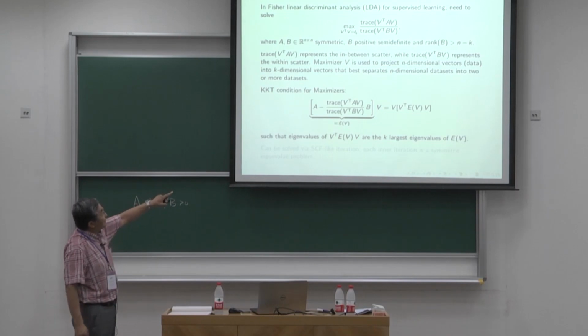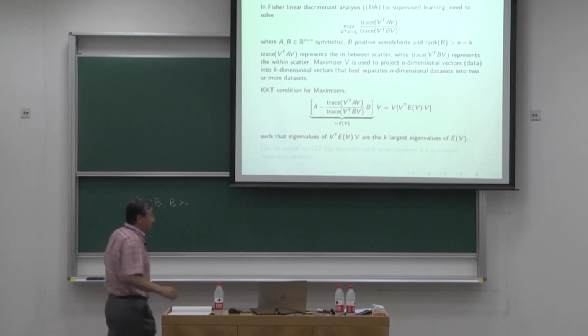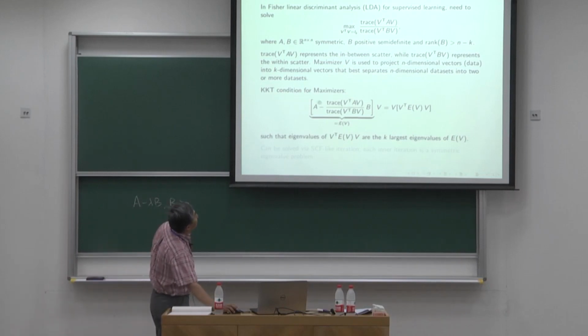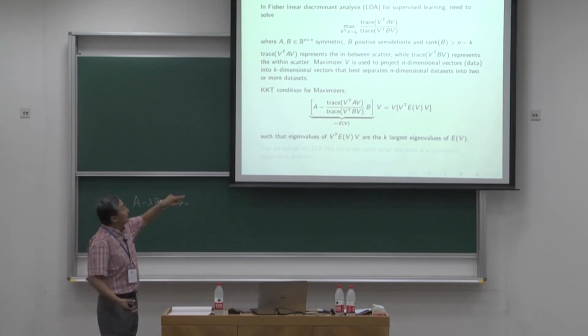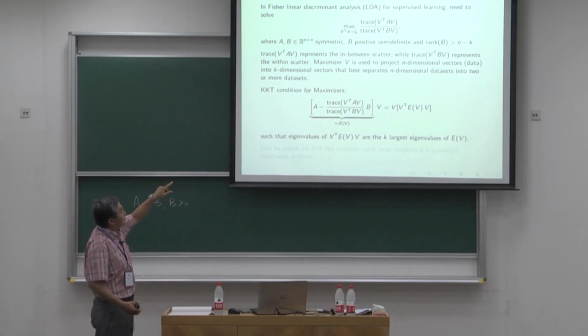So you end up again with an eigenvalue problem, and the big thing in the bracket is a matrix, A minus something times B. Together consider it one matrix, times V equal to V times a smaller matrix. V is a tall, skinny matrix. A is supposed to be big.